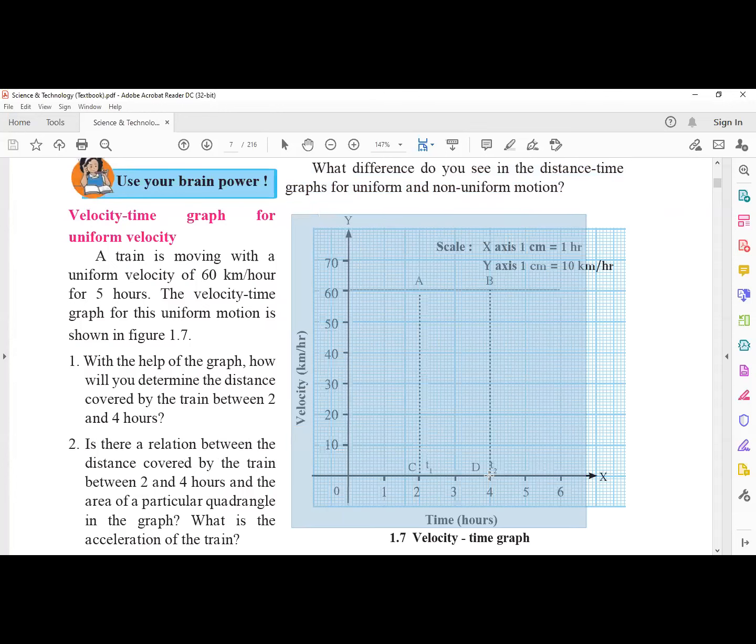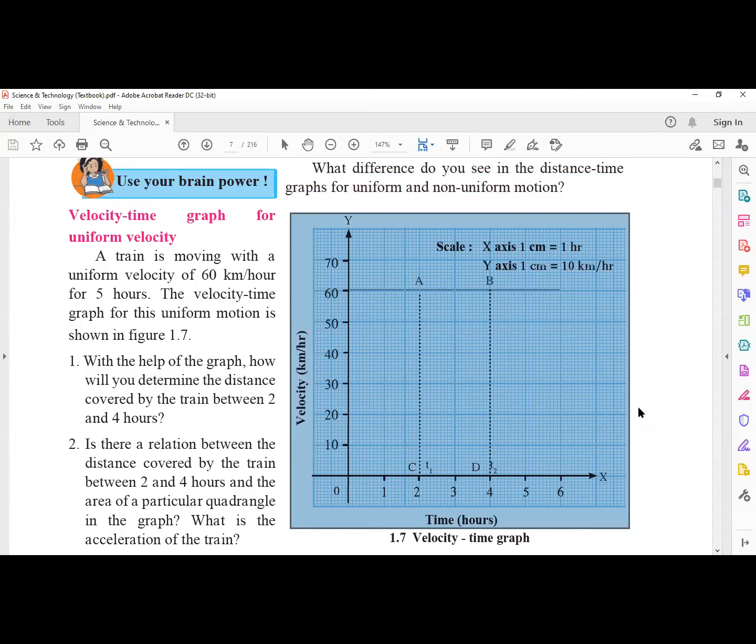Let me copy it. So this is our graph. You are asked to determine the distance covered by the train between.